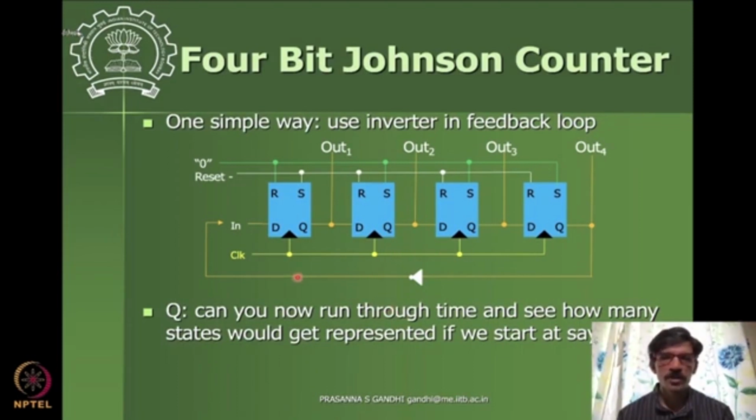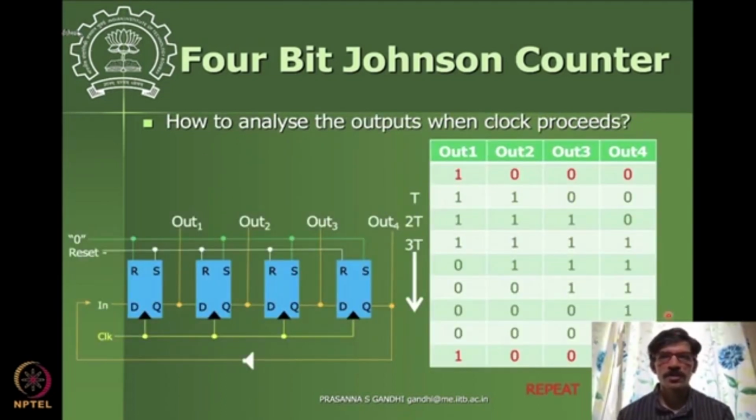Think about what states will be represented by this Johnson counter as the clock ticks, when we start at the state 1 0 0 0. Now this final output is going to get inverted and come in at the front.